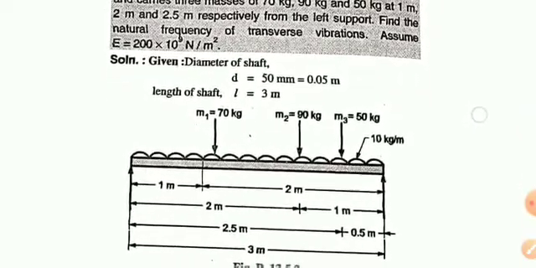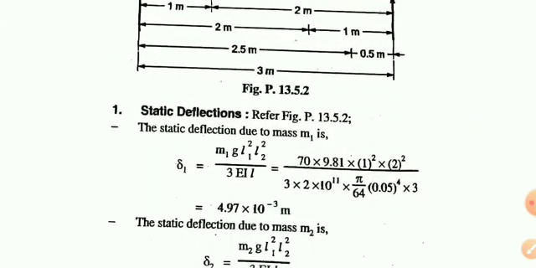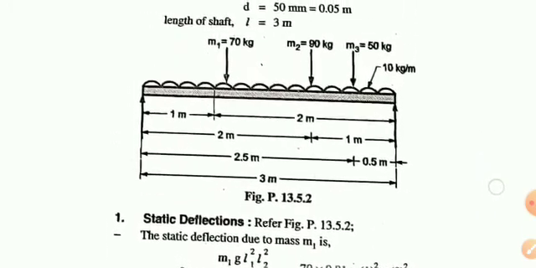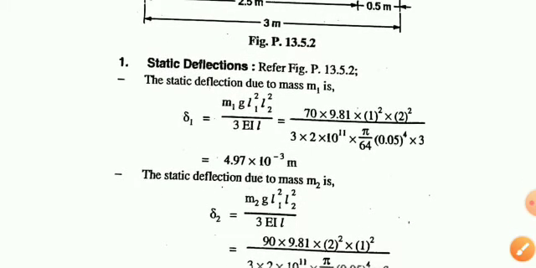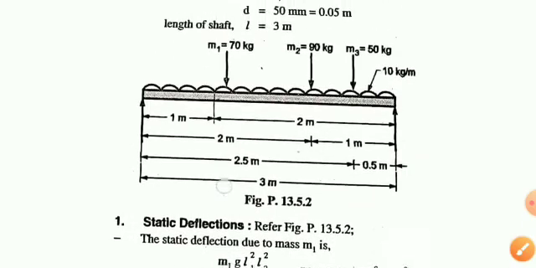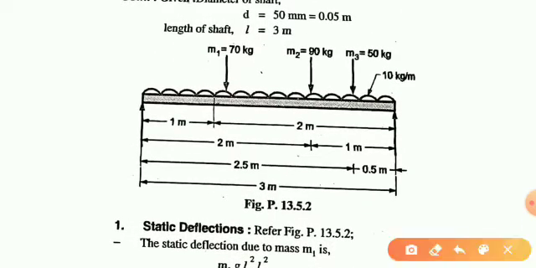First of all we have to find the static deflection for mass m1. For mass m1, this will be our L1 and this will be our L2. So using this equation we can find the static deflection, and for m2 this will be our L1 and L2.